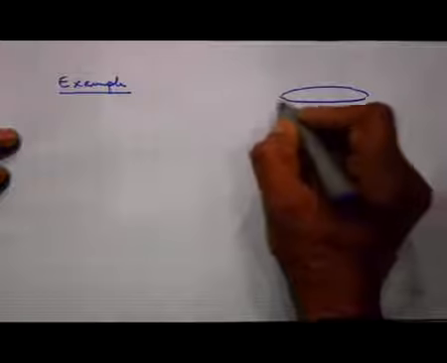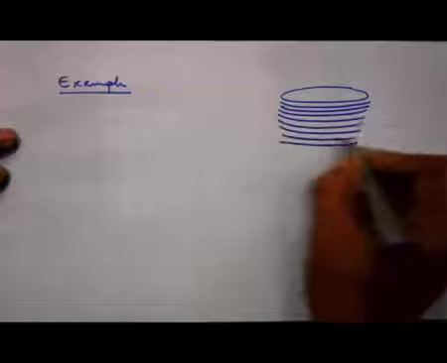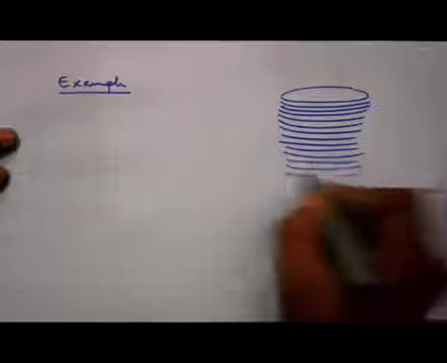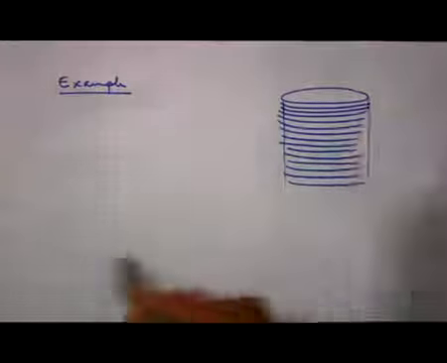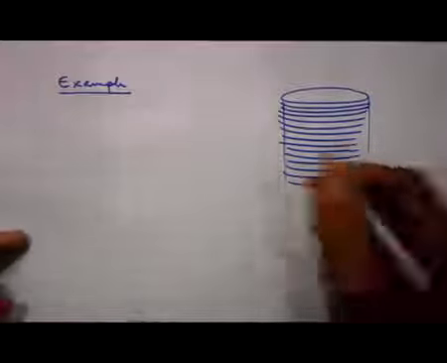So, let me look at an example. Let me assume I have a solenoid like this, a very long solenoid, and I place inside this a short solenoid.